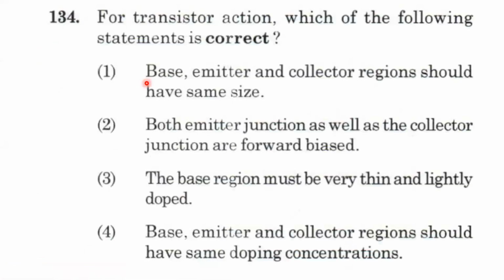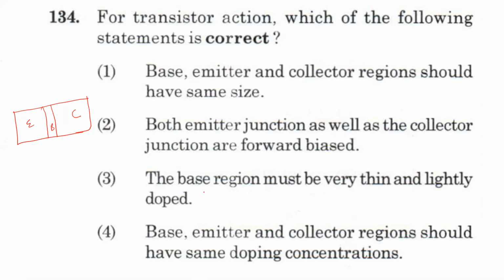134th question. For transistor action, which of the following statements is correct? For a transistor, there will be an emitter, base, and collector. The emitter region size will be larger, the base region very thin, and the collector region moderately large. The emitter region size is slightly less than the collector region, but the base region size is very small, and the base is very lightly doped.